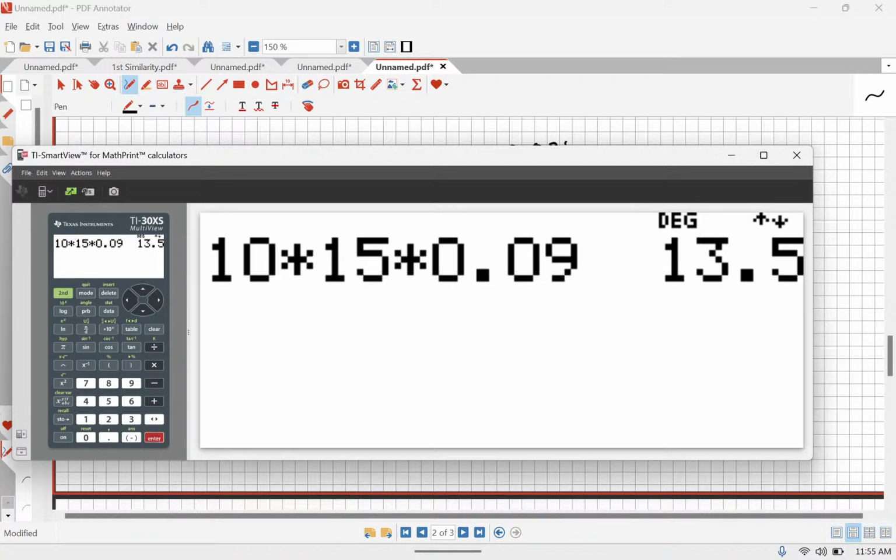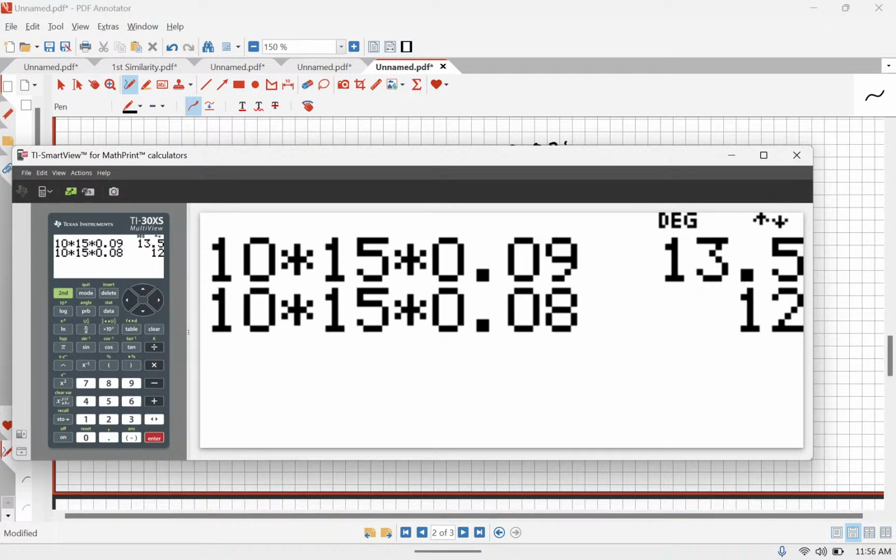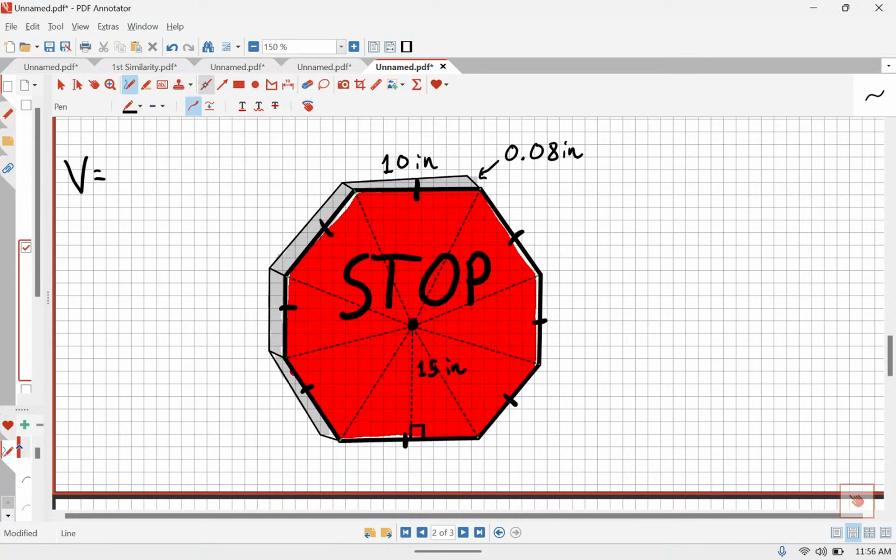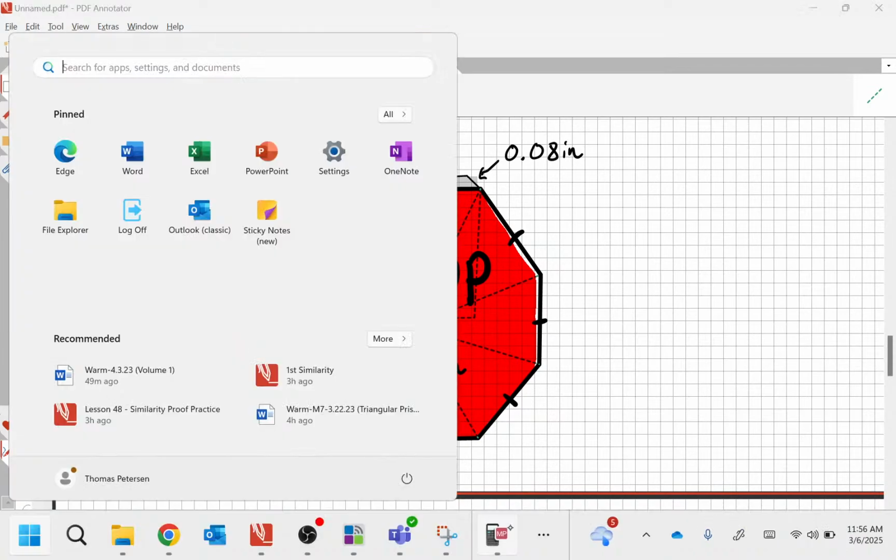So that's 12, and that is the volume of a secret rectangular prism that is surrounding all of our triangular prisms, like we're exploding it into a bunch of different things.